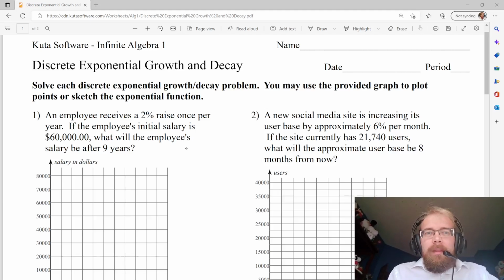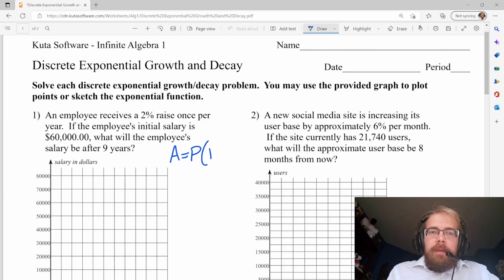There's one formula we need for all of these kinds of questions, and you might use different letters, but the letters I'm going to use are the ones that, to my knowledge, are used the most. And that's A equals P times (1 plus R over N) to the NT.